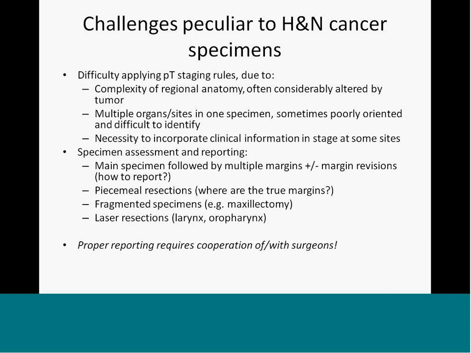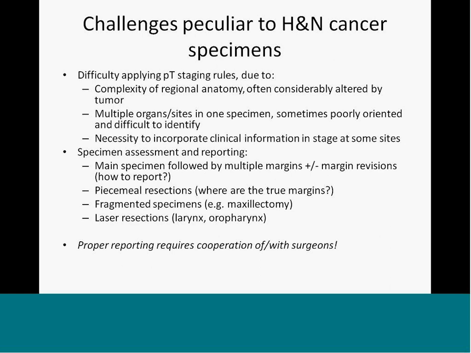Sometimes you get piecemeal resections, so you get specimens that come out in more than one piece, and it's very difficult to know where the true margins are. Specimens can be fragmented, and one example would be a maxillectomy, because the bone around the nasal cavity and the sinuses is so fragile, they often end up being quite fragmented.